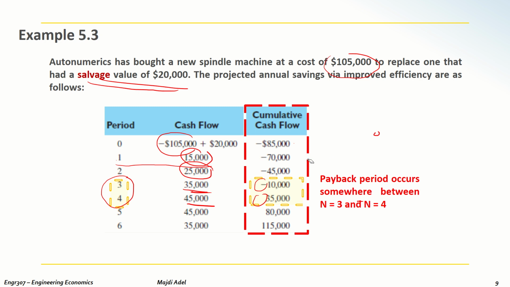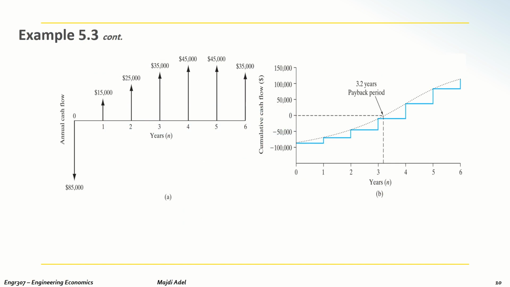And because of the end of period convention, we say that the payback period happens at the end of the 4th year. This is the diagram of our previous example, and where exactly the payback happens at 3.2 years. But because of the end period convention, we say that the payback period happens at the end of the 4th year.